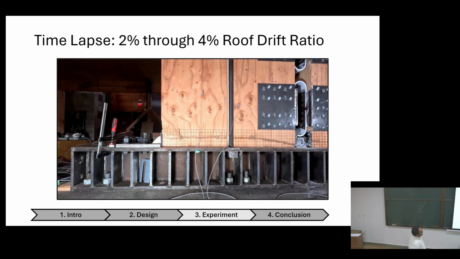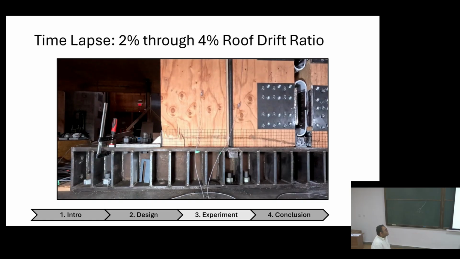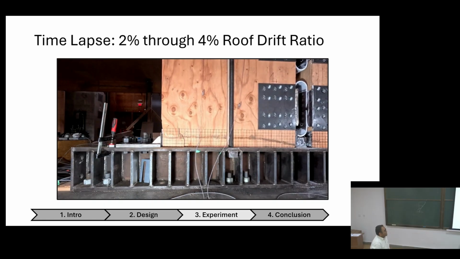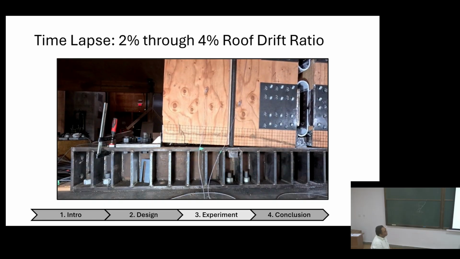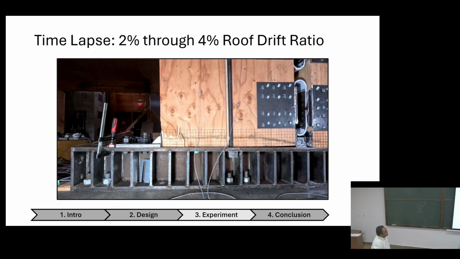You go to another primary cycle, which you have more accumulated damage at the base of the wall. This is at about 4%, a lot of localized compression.